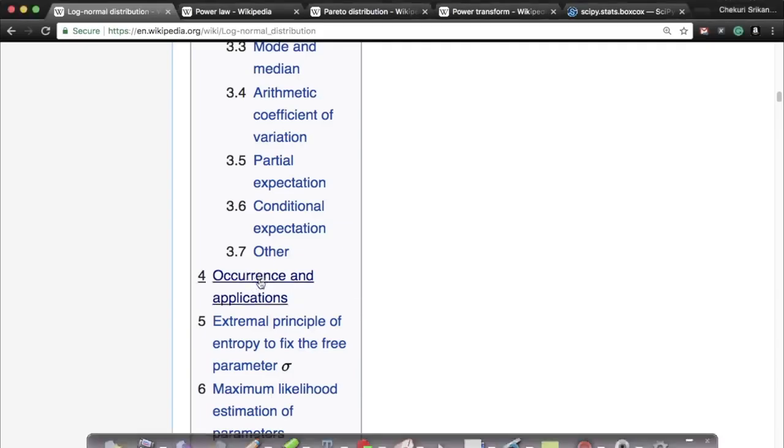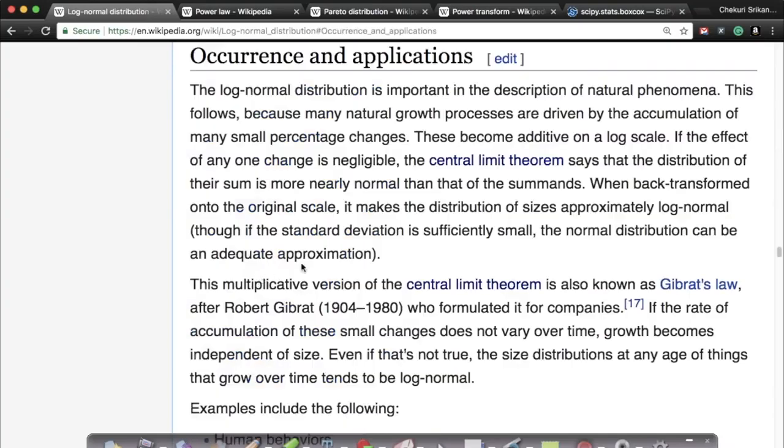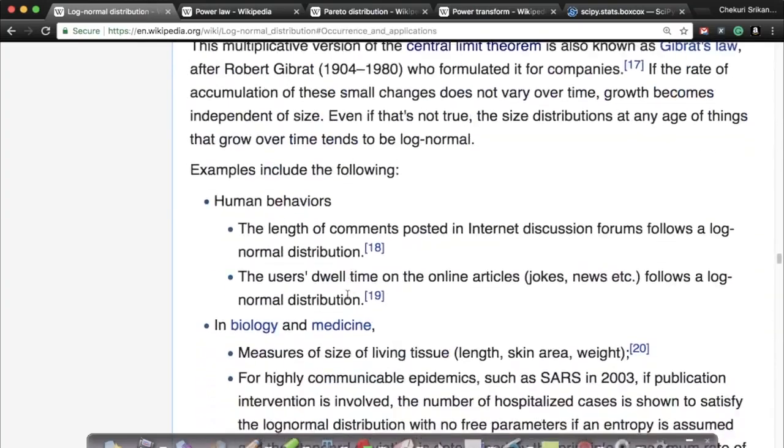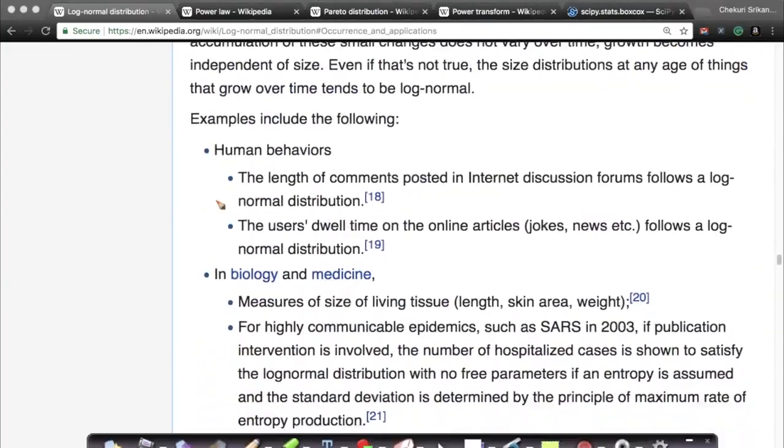So in Wikipedia, for almost all distributions, you'll come across this occurrence and applications. This is super important. By the way, I've come across a lot of log normal distribution in my personal career because I've worked at internet companies. The length of comments posted on an internet discussion forum follows a log normal distribution.